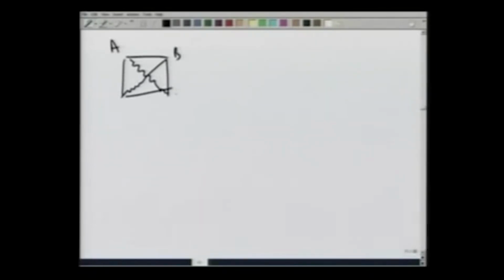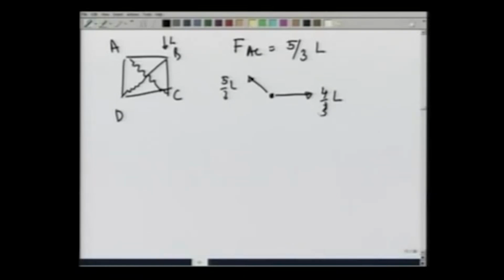Now, similarly, if I do summation Fy, let me make the picture again. A, B, C, D, we have found F_AC to be 5/3 the load. At point C, this is 5/3 the load, this is 4/3 the load, and this force is F_BC. Summation Fy equal to 0 gives me F_BC equals 5/3 L times sine of theta.